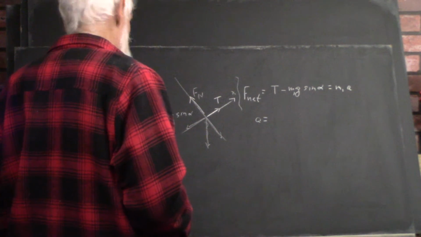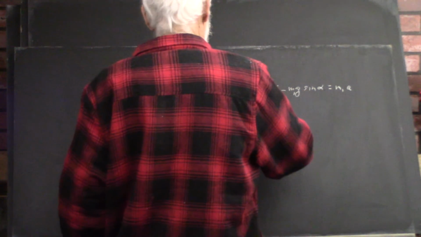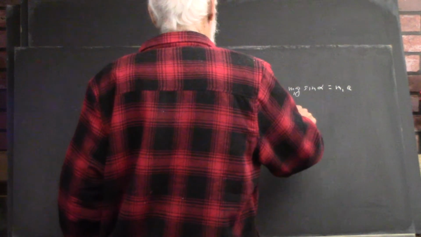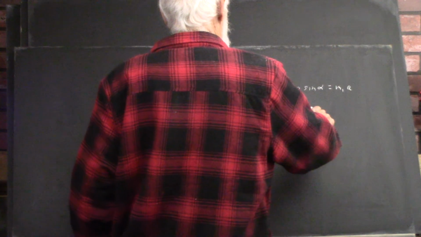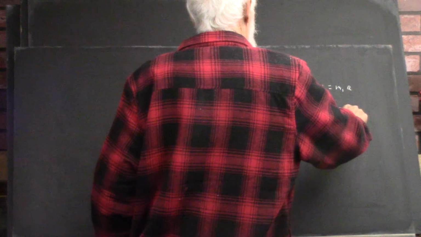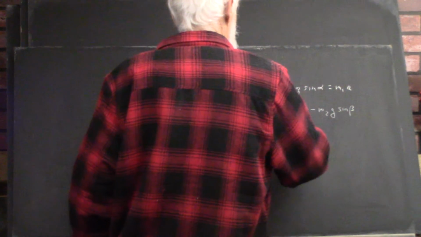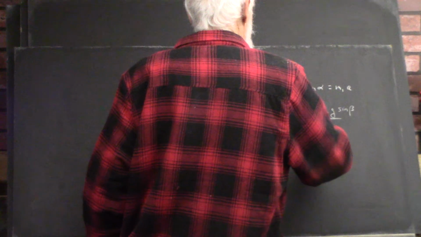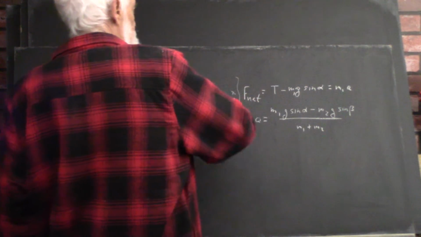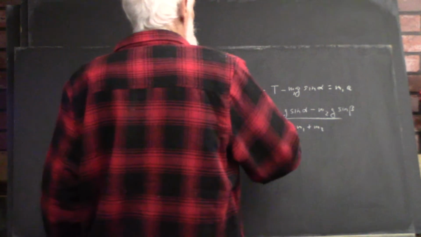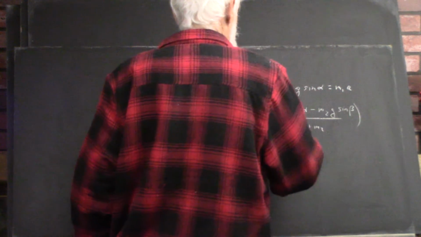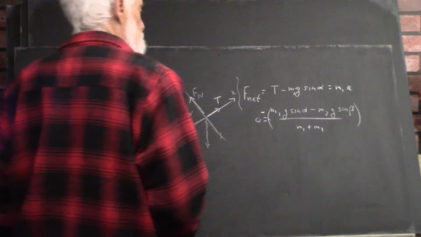So the acceleration is going to be m1g sine alpha minus m2g sine beta over m1 plus m2. Okay, that's what we got previously when we regarded this as the positive direction. If we regard this as a positive direction, it's going to be the negative of all this. Okay, we'll put the negative there.